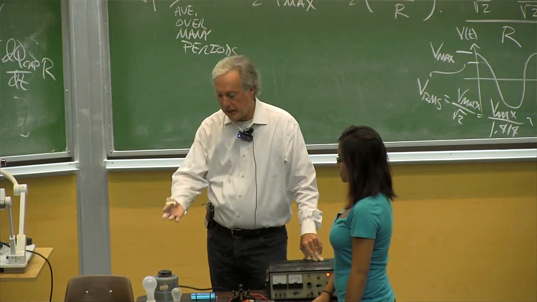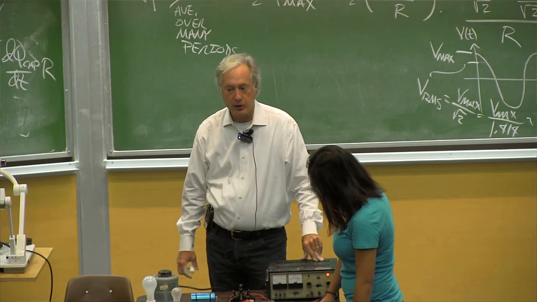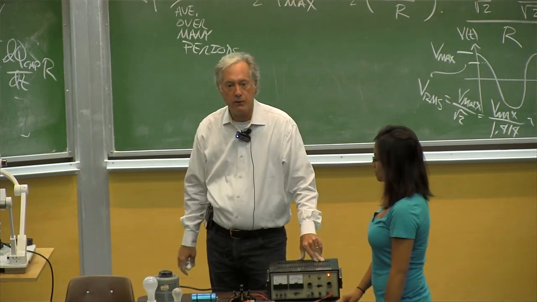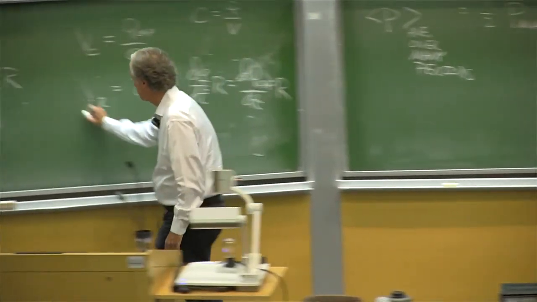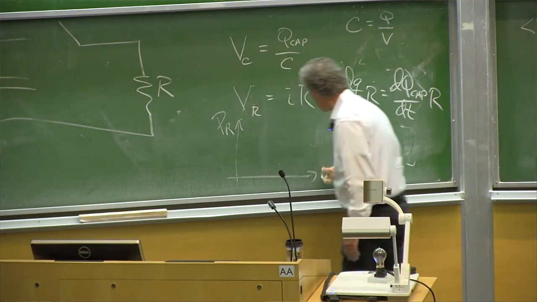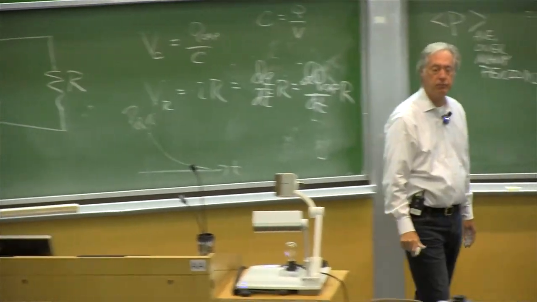When was the most power being dissipated in the resistor? At the start, right? And then it went down with some kind of curve to it. The power in the resistor versus time started high and went down like that.